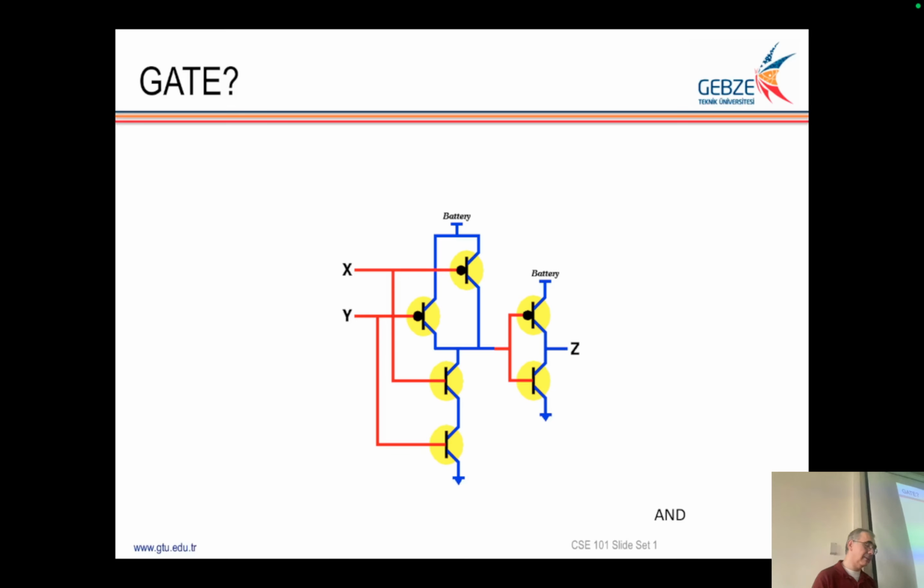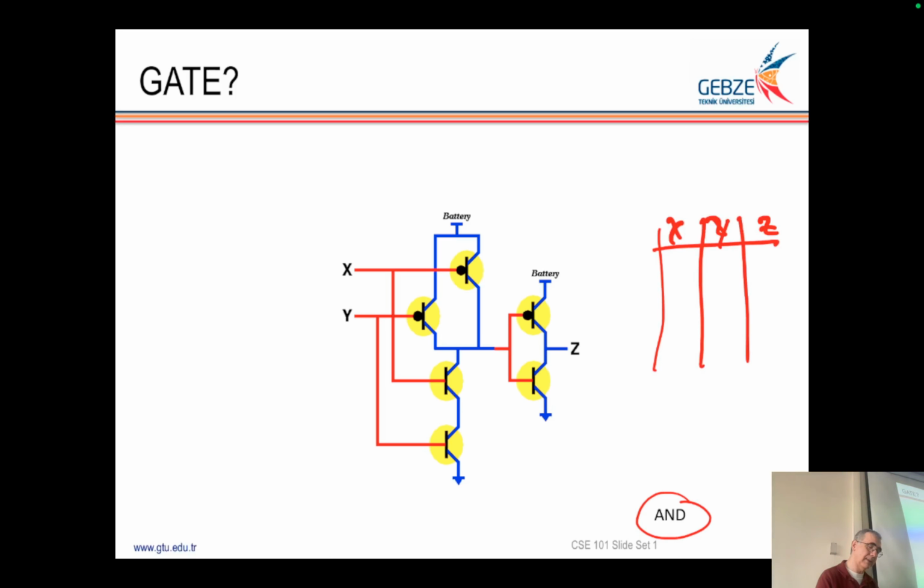In order to make it regular, I put an inverter in front of it, then it becomes AND. Let's make it correct this time. X, Y, Z. 0, 0, 0, 1, 1, 0, 1, 1. This will be the output.